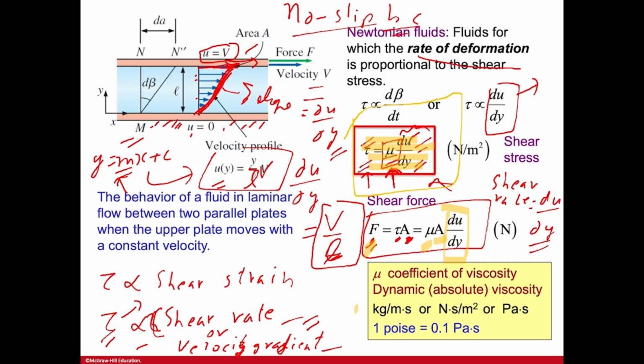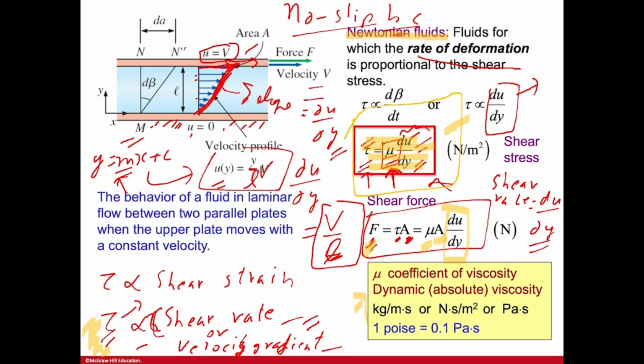On the bottom you have the common units associated with viscosity, or dynamic viscosity, which is what it is actually called. This relationship also helps you define a type of fluid. Most fluids that you consider are classified as Newtonian fluids, essentially fluids that follow this relationship, that shear stress is proportional to shear rate, or this equation.